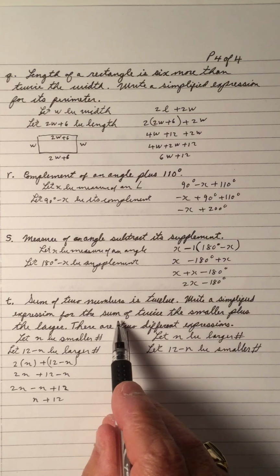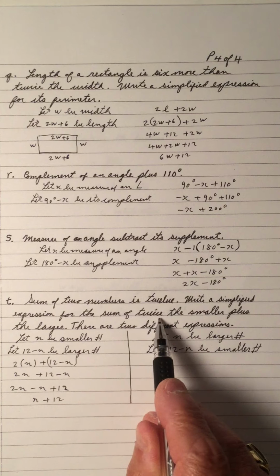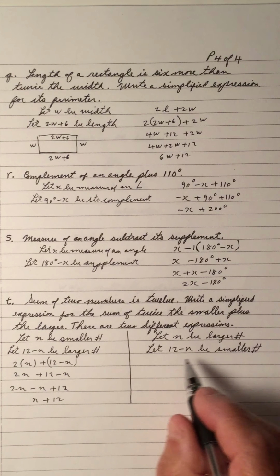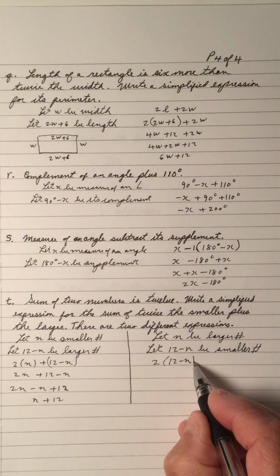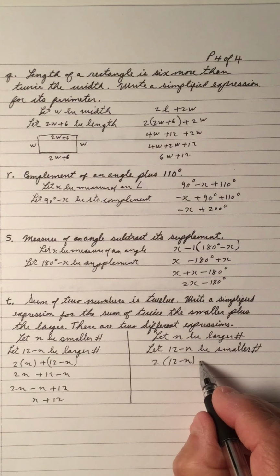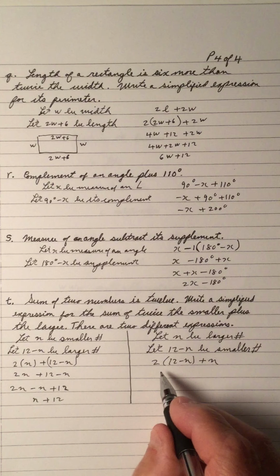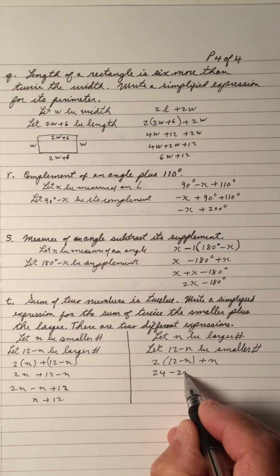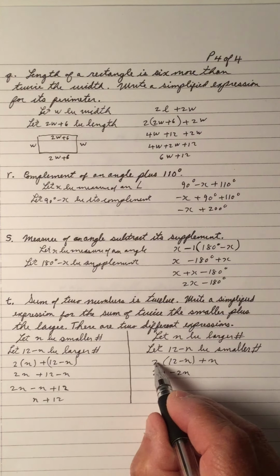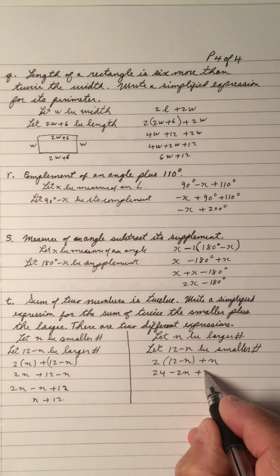So now let's read. It says the sum of twice the smaller. So twice the smaller is 12 minus n, plus the larger, and the larger is n. So if we multiply 2 by that, you get 24 minus 2n: 2 times 12, 2 times negative n, plus n.